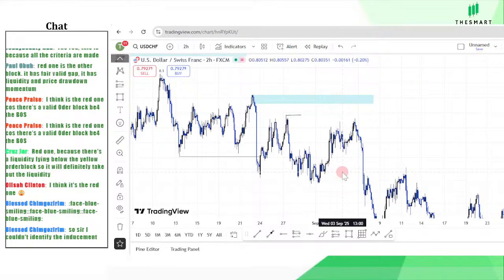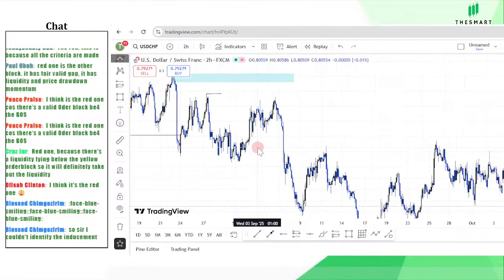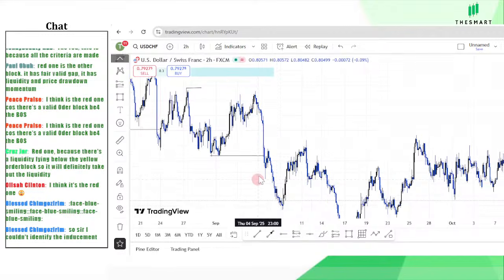So let's look at price forward. Let's see the price action. At this point, this low was eventually taken out. This low was taken out. Price gave us this inducement, which was later transferred to this point.